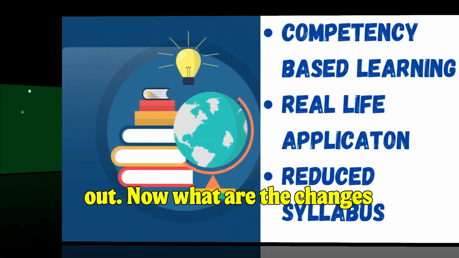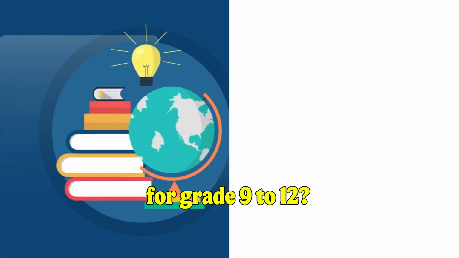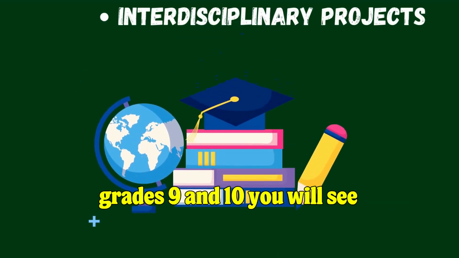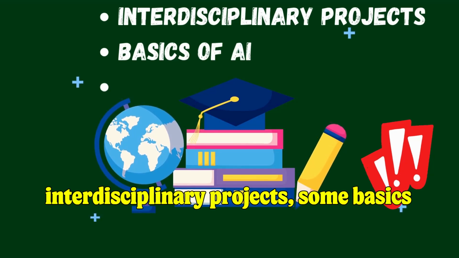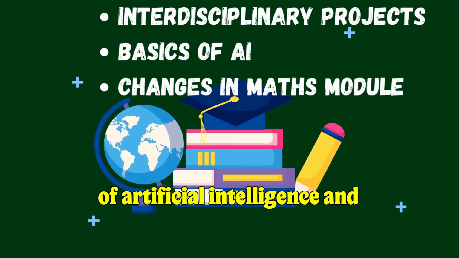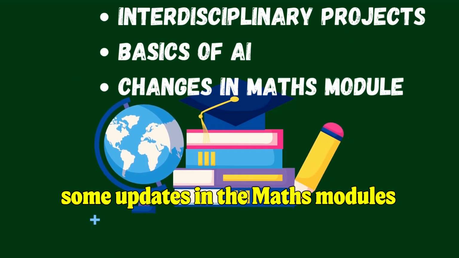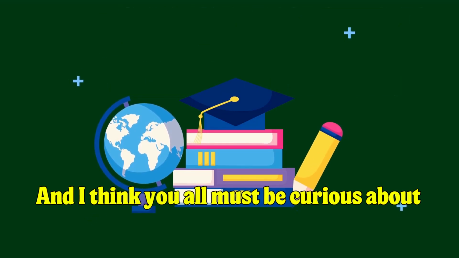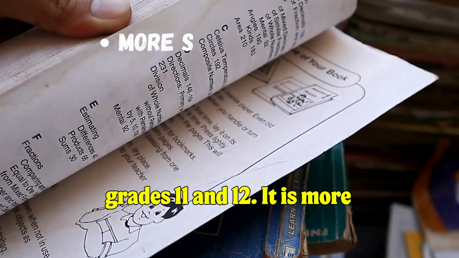Now, what are the changes for grades 9 to 12? So let us break it down by grade. For grades 9 and 10, you will see interdisciplinary projects, some basics of artificial intelligence, and some updates in the math modules also. And I think you all must be curious about grades 11 and 12.